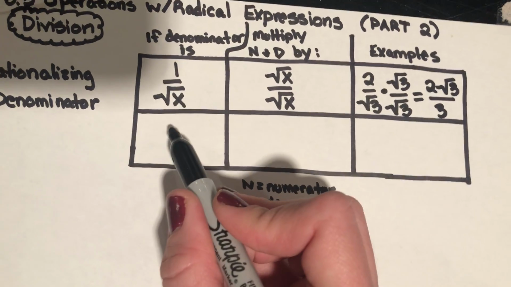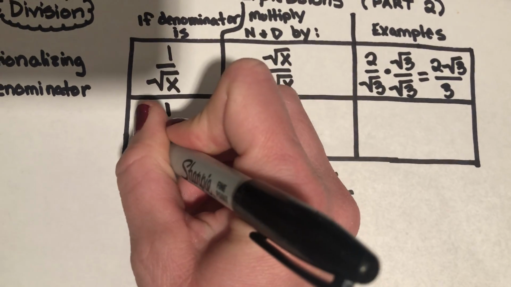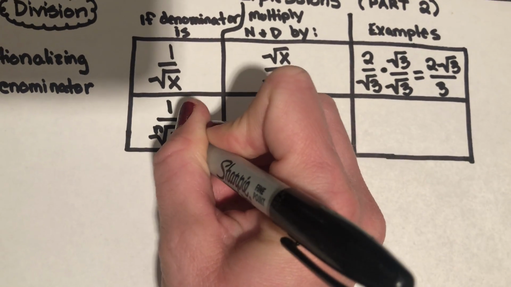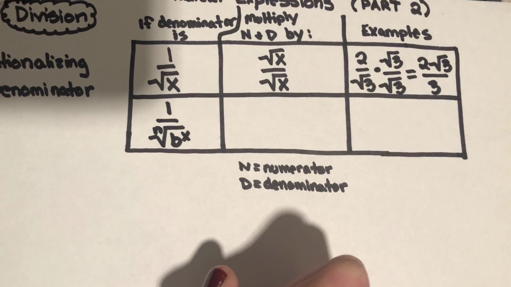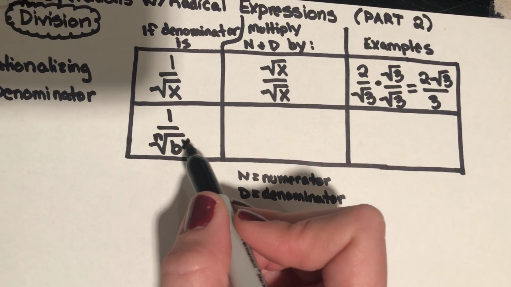Let's go down to our second box here. We're going to now have 1 over the nth root of b to the x. So this is our new one now. 1 over the nth root of b to the x.